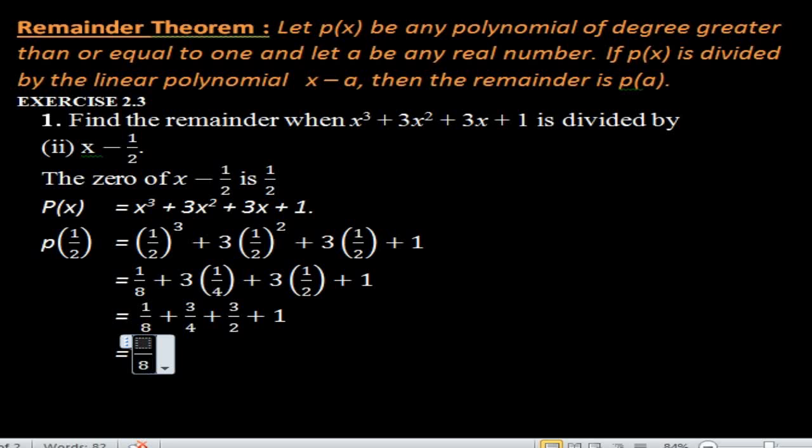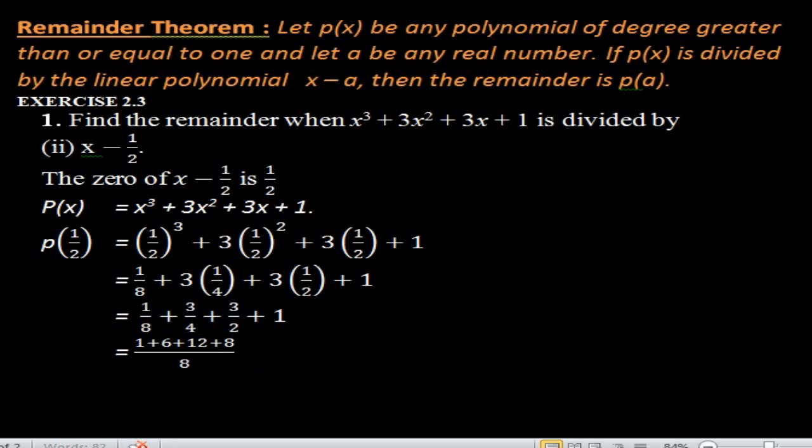For the first term, no number needs to be multiplied, so 1 will be there as it is. 2 has to be multiplied in the second term, so it becomes 6. And 4 has to be multiplied with the third term, because when I multiply 4 in the denominator it becomes 8, so the same 4 should be multiplied in the numerator. It becomes plus 12 plus 8.